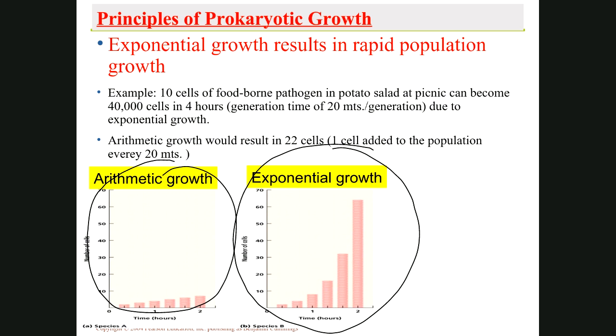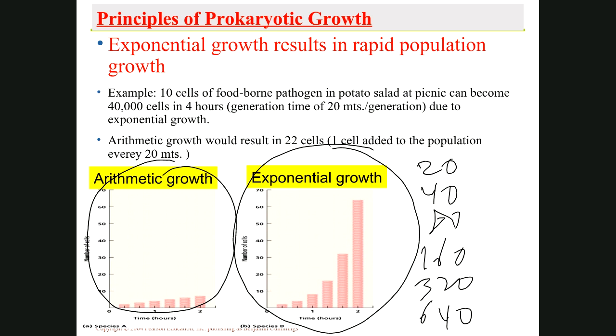So it would proceed from 20 to 40 to 80 to 160 to 320 to 640. So within a matter of a very short time period, there will be lots of increase in population. So there is a very dramatic difference between generation time exponential growth and arithmetic growth.